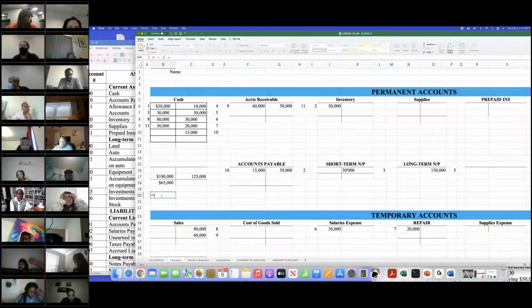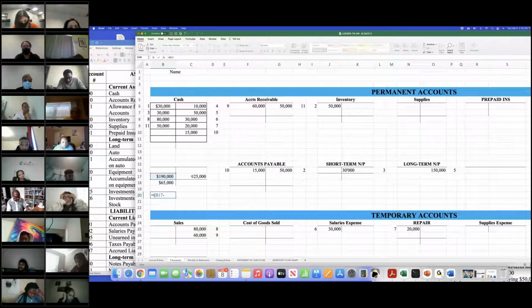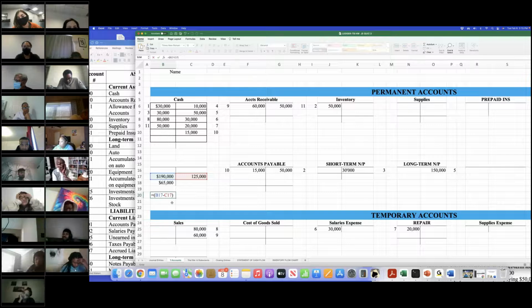Then we click on what we want to subtract from. So we're going to click on the 190. And that's B17. It's putting us there. Because we want to subtract, we're going to put a minus in here. Then we're going to click on the 125. Then we're going to close our parentheses. Does everybody see how to do that?